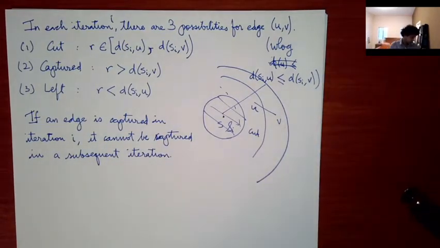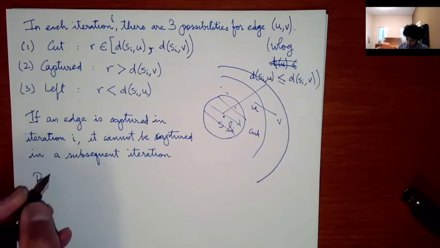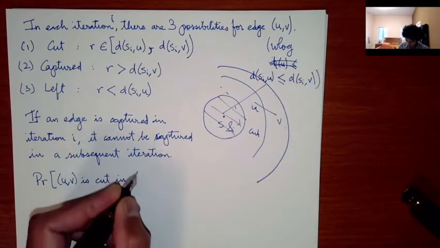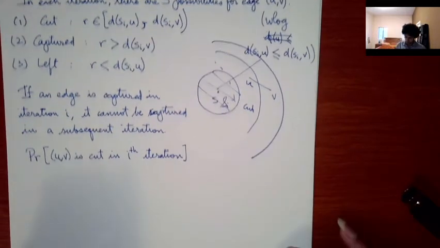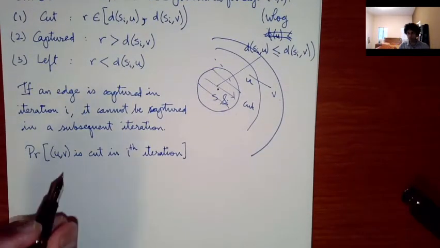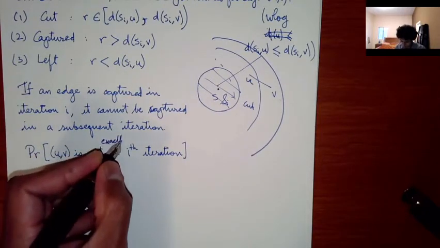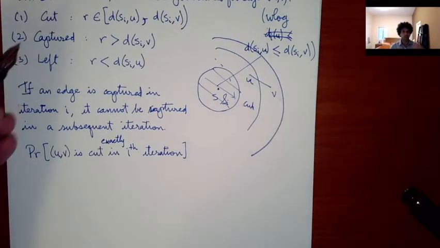Now we start coming to the heart of our analysis. The probability that UV is cut exactly in the ith iteration means that it has to be left in all the previous iterations and then cut in the ith iteration, because if it's captured, then it is never going to be cut.